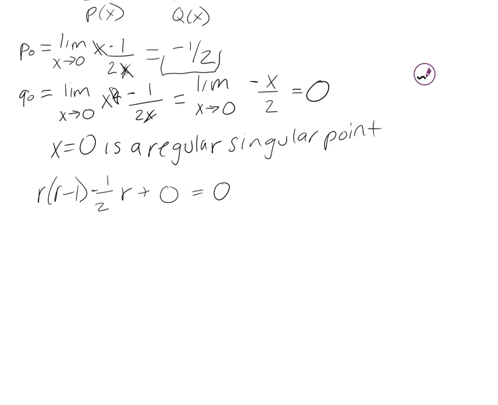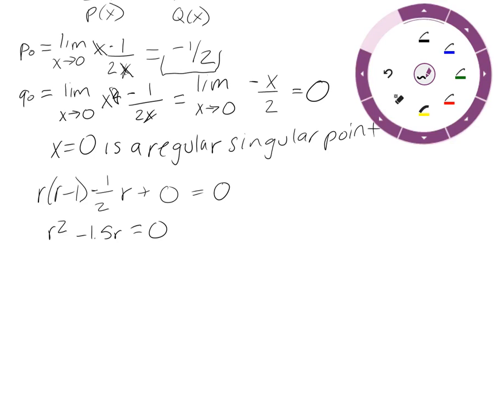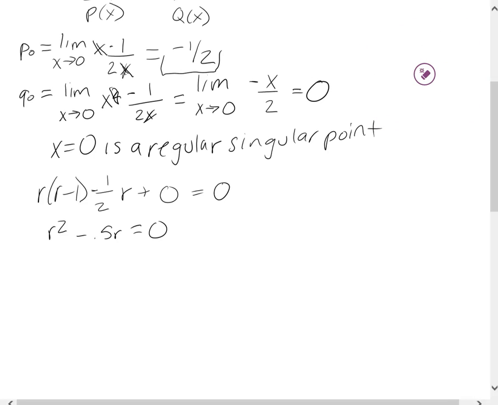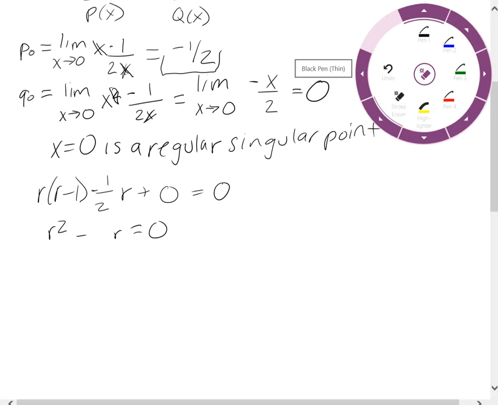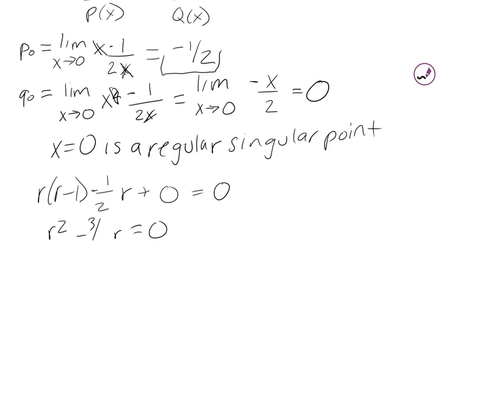If we factor this out, we get r squared minus 1.5 r equals 0. This is just 3/2, so 3/2 r.